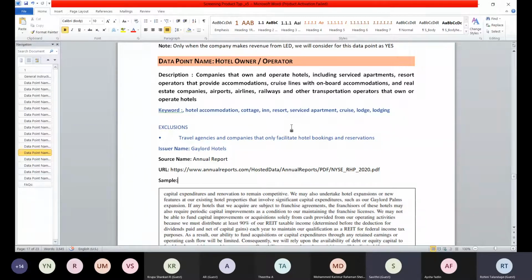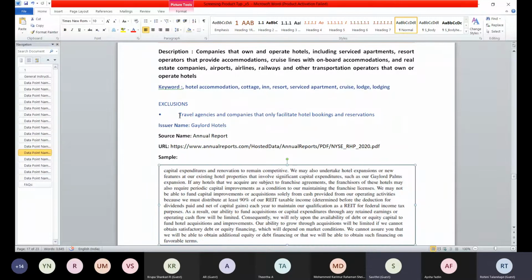Now we have an exclusion for that, which is travel agencies and companies that only facilitate hotel booking and reservations. Travel agencies just provide the hotel bookings. They do not provide the hotel services.